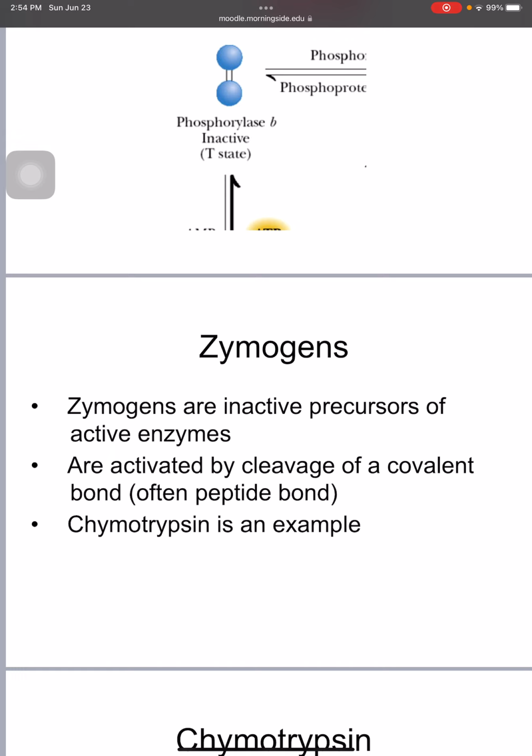A lot of enzymes are sitting around in an inactive form in which they've been rendered inactive, not through one of the previous means we've mentioned, but because they're in a covalently bonded form that just doesn't work, right?